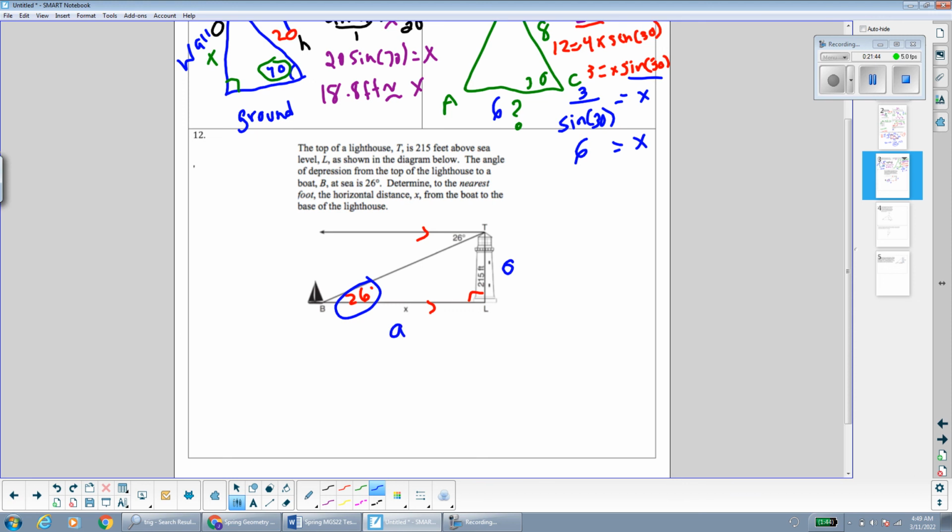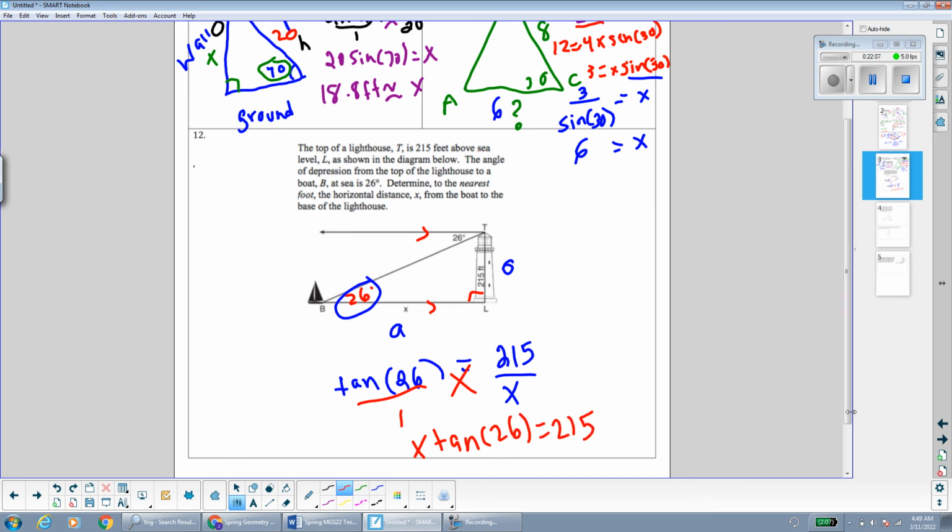So that tells me we're going to be using tangent because tangent is opposite over adjacent. So tangent of 26 is equal to 215 over x. Cross multiplying, we have x tangent of 26 is equal to 215.